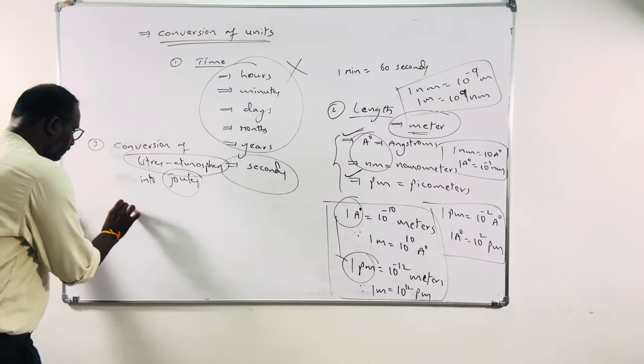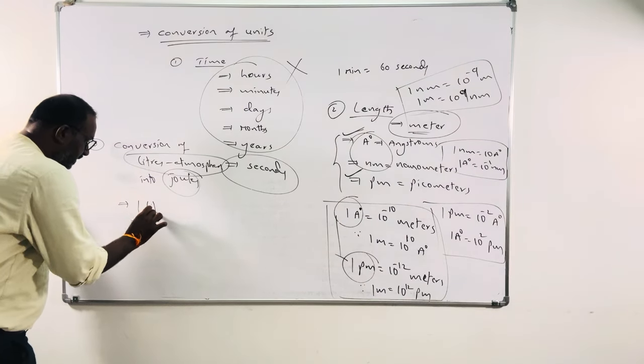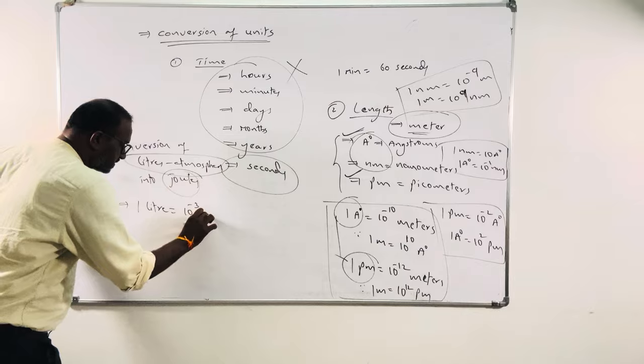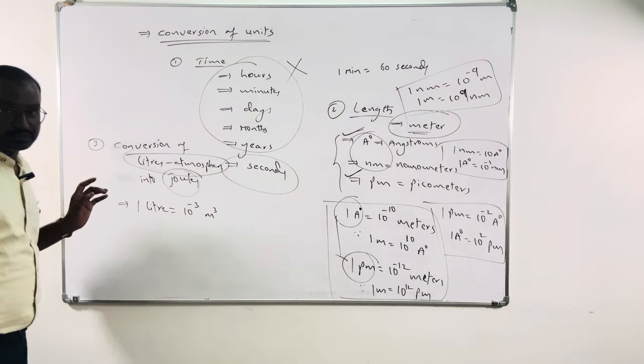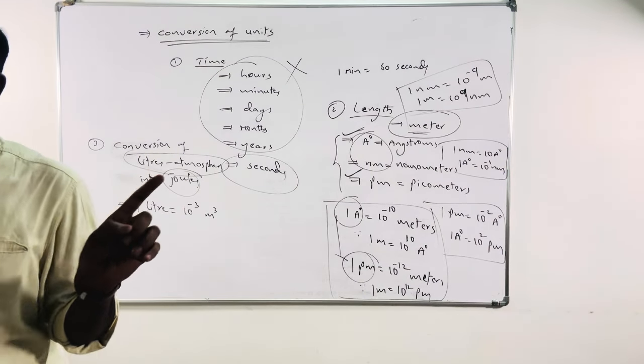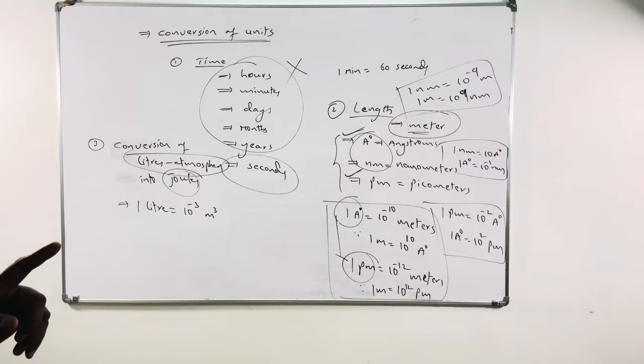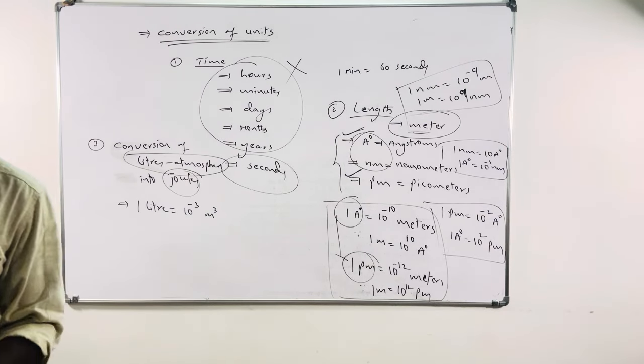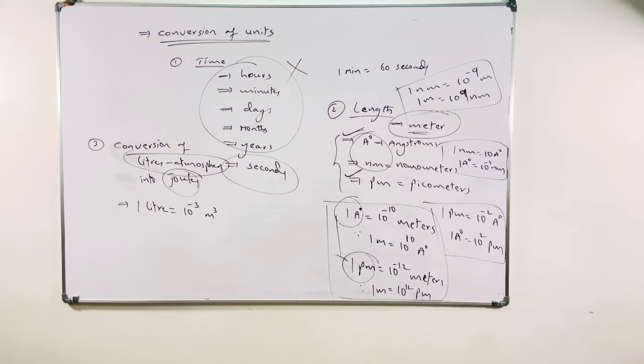First thing you should know. Because in SI units, volume will be measured in meter cube, and liters is another type of unit. 1 liter equals 10 power minus 3 meter cube.